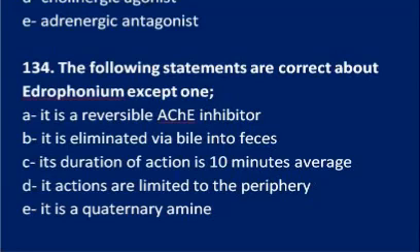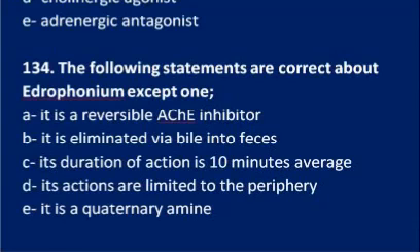B option is it is eliminated via bile into feces. C option is its duration of action is 10 minutes average. D, its actions are limited to the periphery. And E option is it is a quaternary amine.